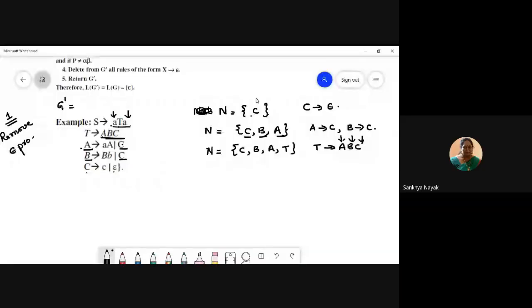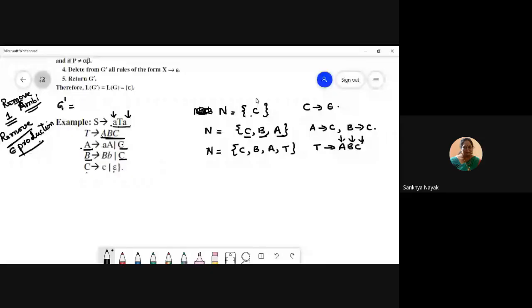We are removing epsilon productions. Why? To remove ambiguity. This is one step. Multiple steps are there. We are going to check only one today. To remove ambiguity, the first step is to remove epsilon productions.